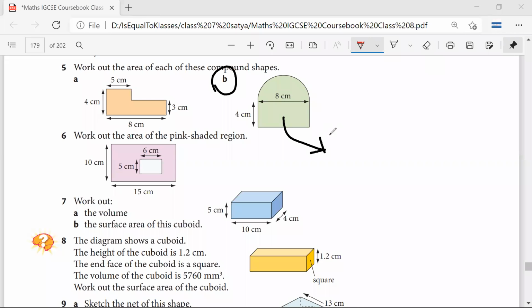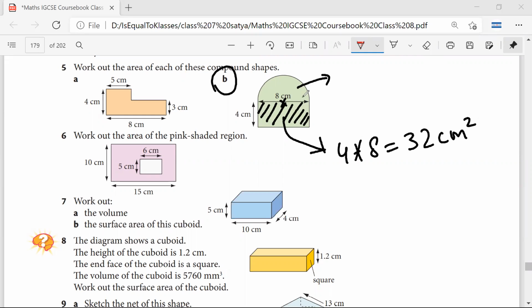4 into 8 to find the area of the rectangle. Okay. What next? Then we need to do 22 upon 7 into 4. No, it would be, it's a semicircle. Yes.